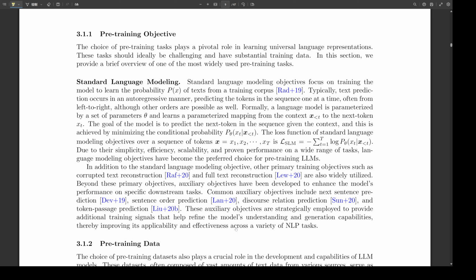Exactly. During pre-training, we take the model, usually a transformer, and we train it on a huge corpus of text, just raw text without any specific labels or annotations. And the model learns to predict parts of the input itself, like masked words or the next word in a sentence. This is called self-supervised learning. So it's learning by trying to fill in the blanks in a way. It's like a giant game of Mad Libs.